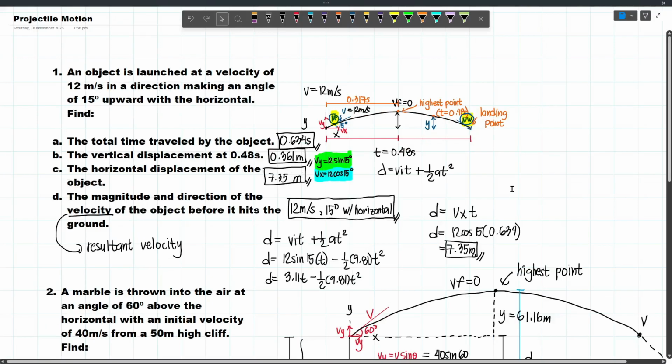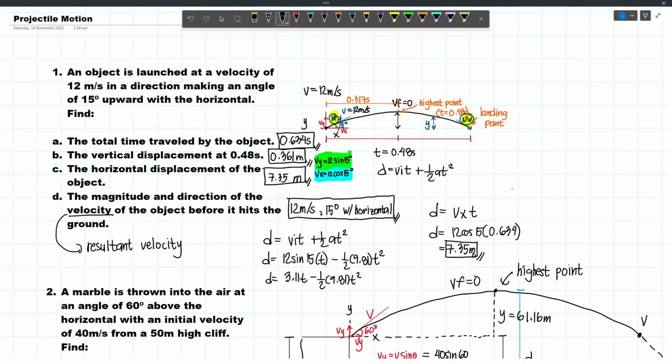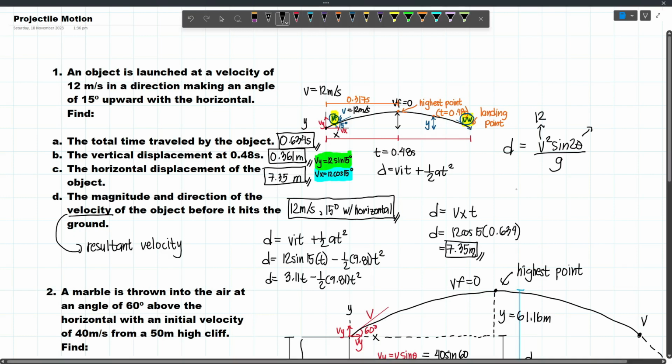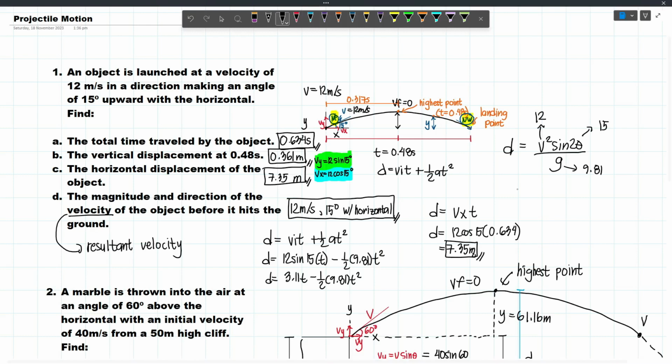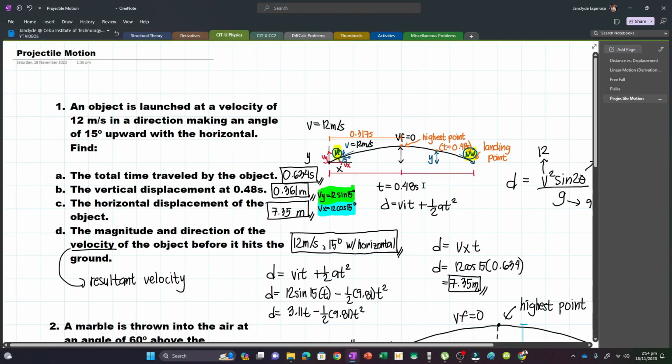Now, there is also a shortcut formula to solve for this 7.35. I will give it to you. The shortcut is v squared sine 2 theta divided by gravity. Your input for v is 12, theta is 15, and gravity is 9.81. Let's try it just to check our answer.